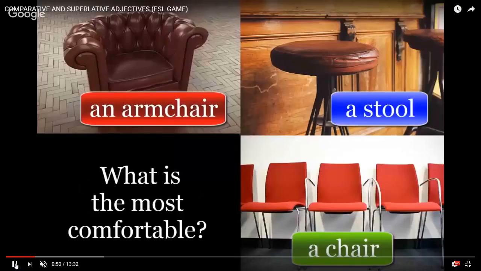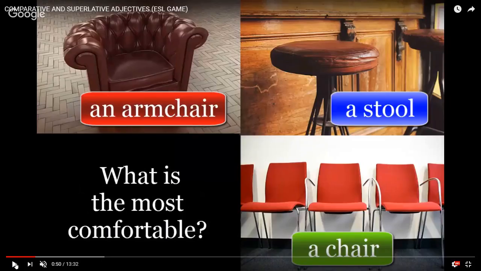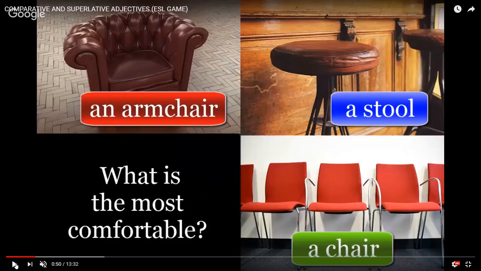Okay, look at this. We have an armchair, a stool, and a chair, right? So the question is, what is the most comfortable? So what is the picture you consider to be the normal adjective? An armchair, a stool, or a chair? An armchair.